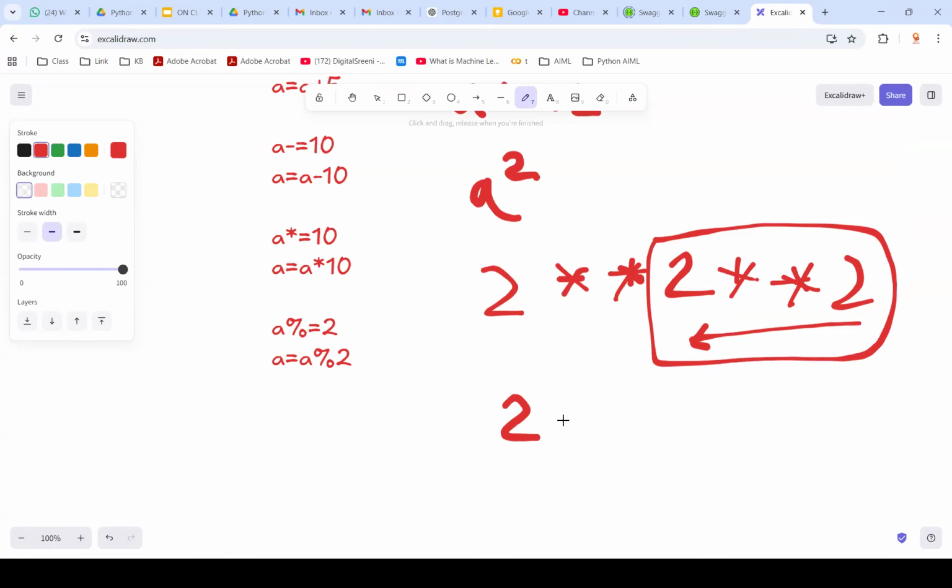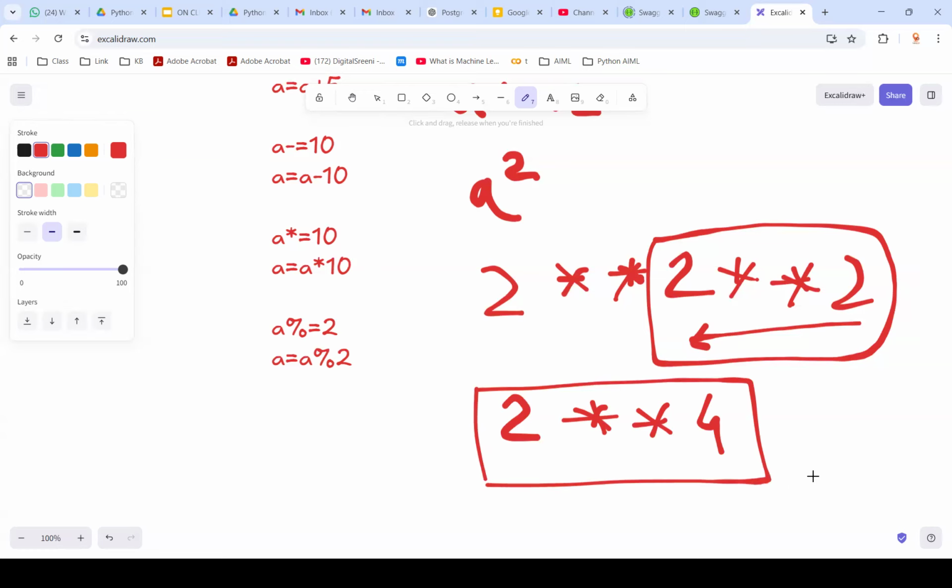So now your equation becomes 2 star star 4.